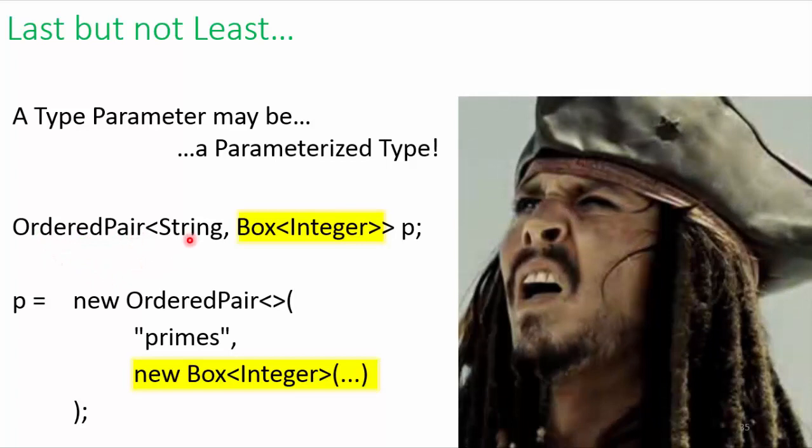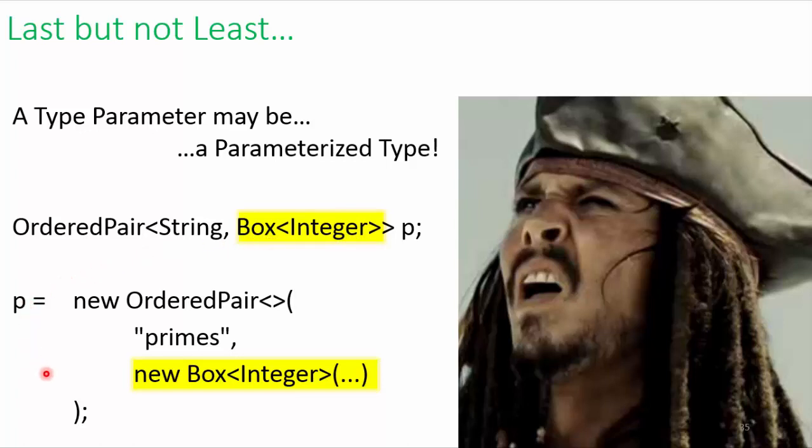The first type parameter is a very basic reference type, String. The second one is itself a parameterized type, okay? It's Box of Integer, so that refers to our previous example that we have been playing with for a little while, like the Box example, okay?